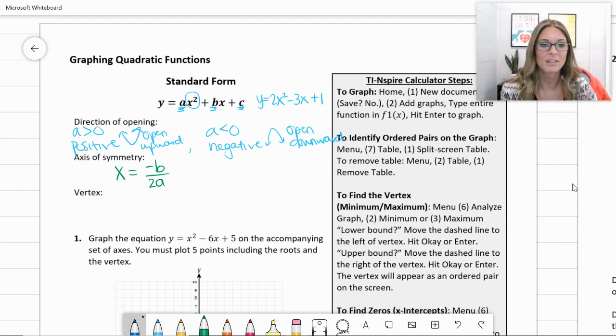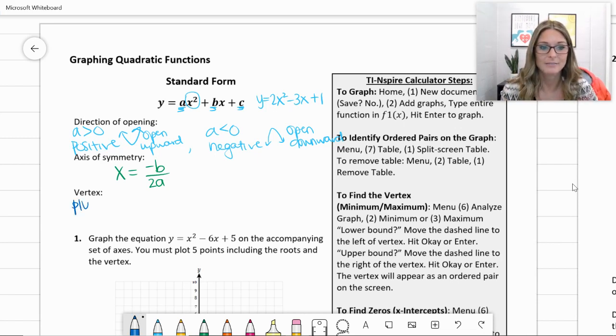Negative, whatever the b value is, divided by 2 times a, and evaluate, and that would tell you your axis of symmetry. Your vertex. Again, in the previous lesson, we just looked at the graph and identified the vertex, but if we're just given the function, what do we do? Well, you can take your axis of symmetry value and plug it into the given function.